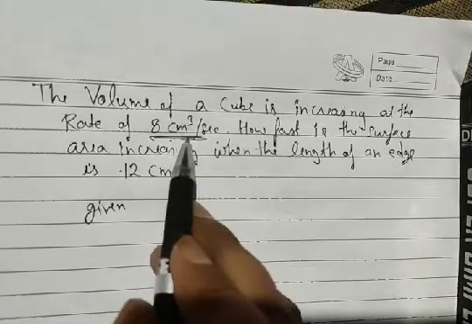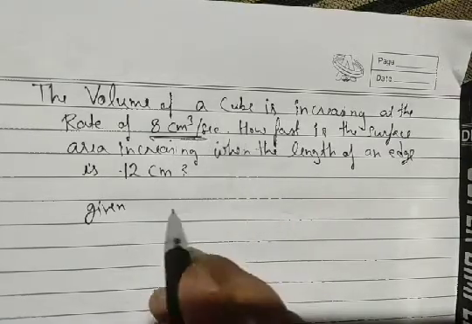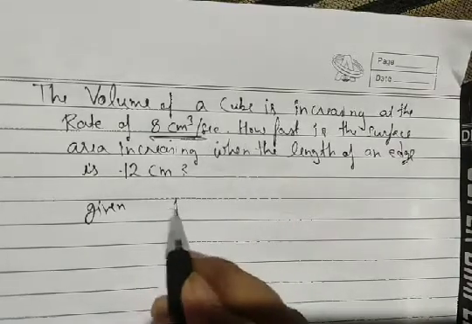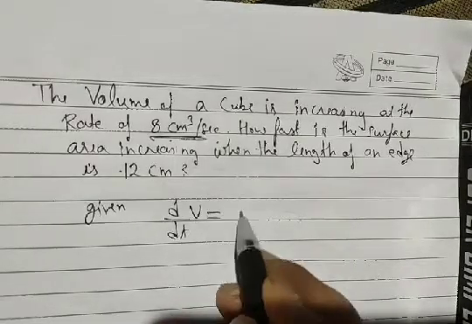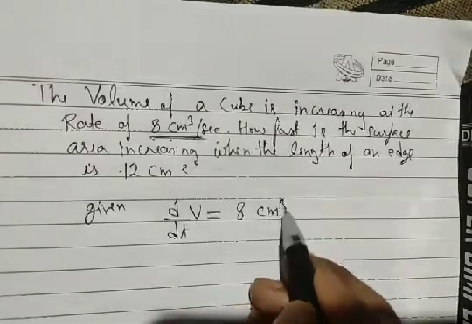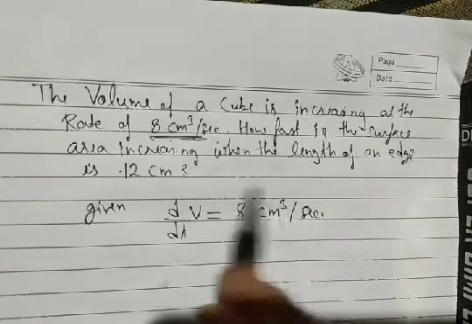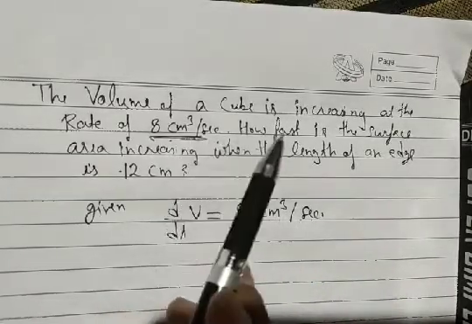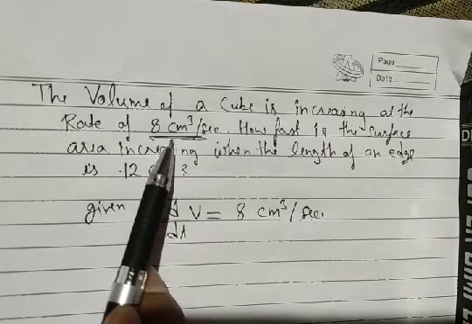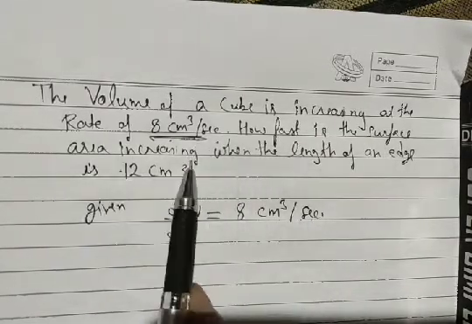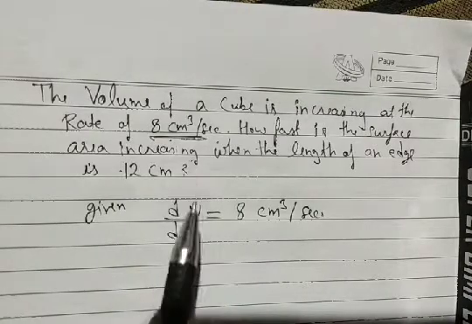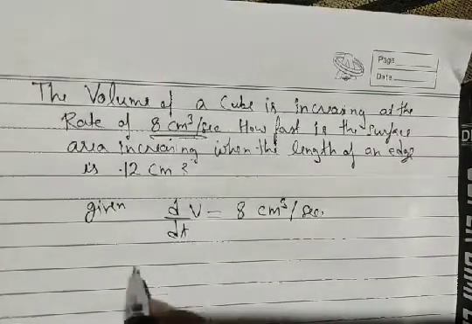Centimeter cube means it is talking about volume, and per second means what we have given is dV/dt equal to 8 cm cubed per second. How fast is the surface area increasing? Suppose S represents the surface area.